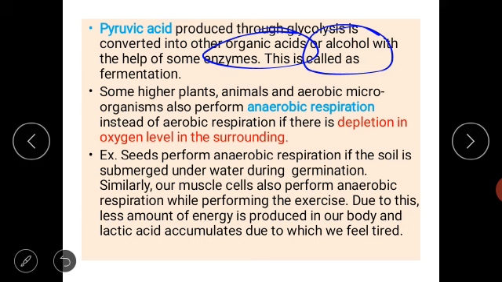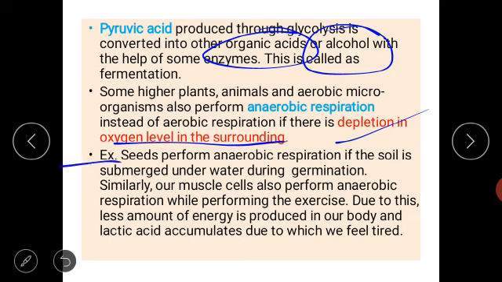Let me tell you how. Instead of aerobic respiration, if there is a depletion in the oxygen level of the surroundings, then such organisms start carrying out anaerobic respiration. Here I have mentioned the examples.